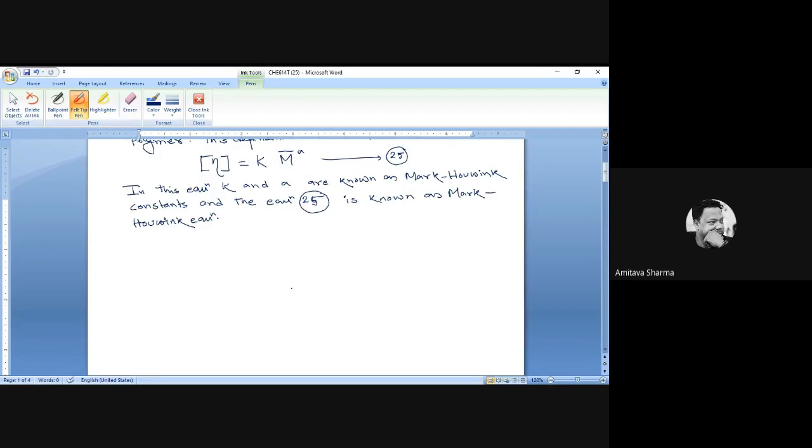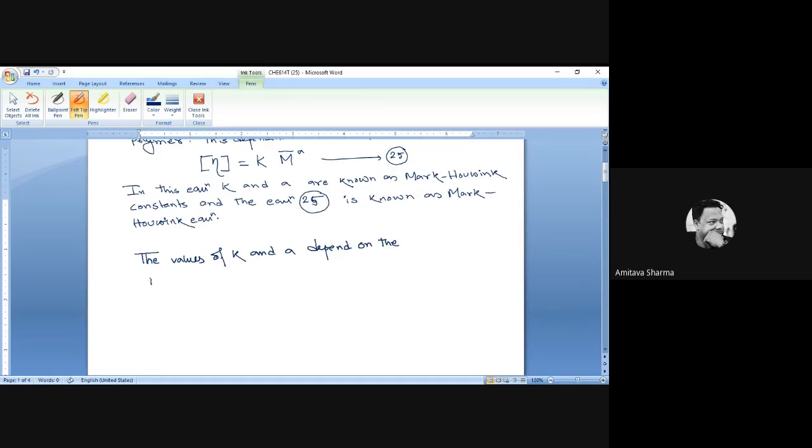Now, on which factors do the values of K and A depend?